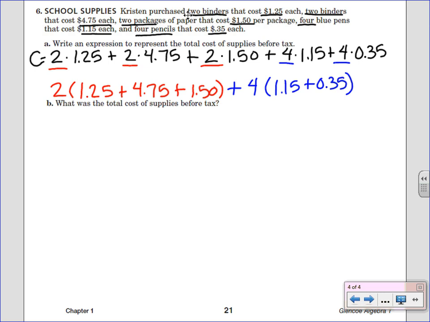So, from here, I can start to try and figure out what it actually cost her. So, inside the parentheses, I do 1.25 plus 4.75, and conveniently enough, they're going to add up to a nice even dollar. 1.25, I take the 0.25 and put it on the 4.75, that gives me 5, plus 1 is 6.